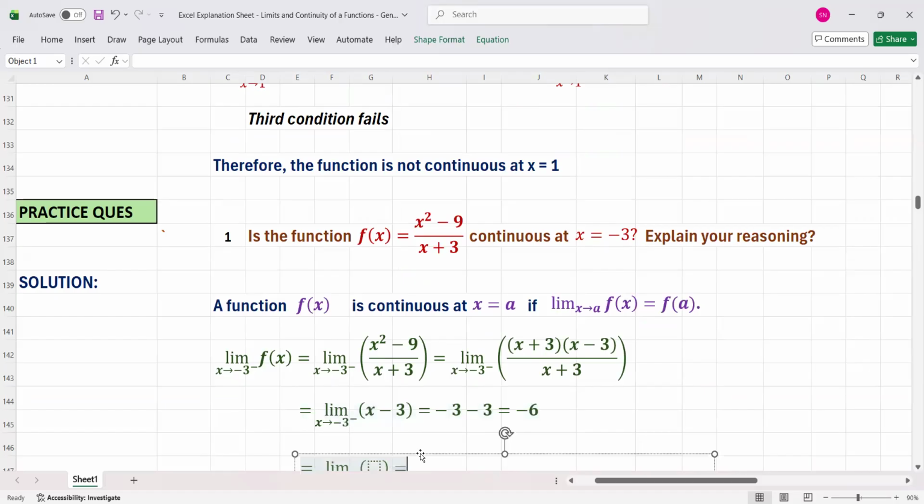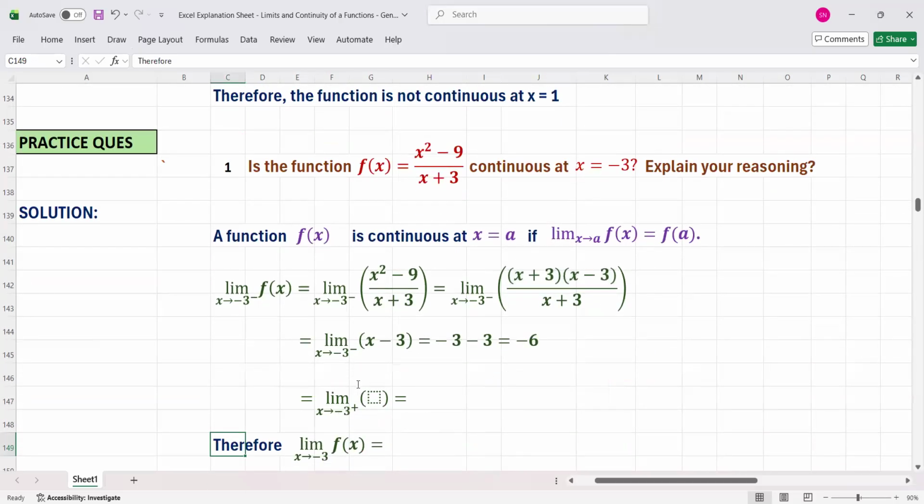So the limit as x approaches negative 3 from the negative side was negative 6. Here, if you substitute x equals negative 3 into the function, what is the limit as x approaches negative 3 from the positive side?